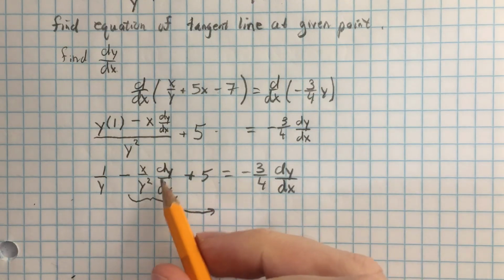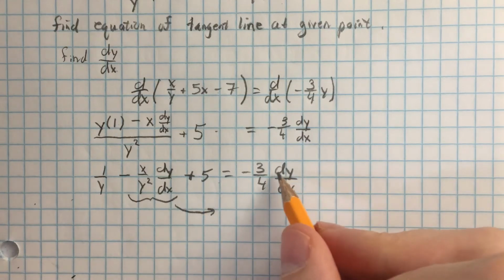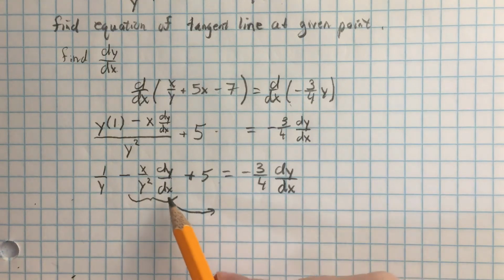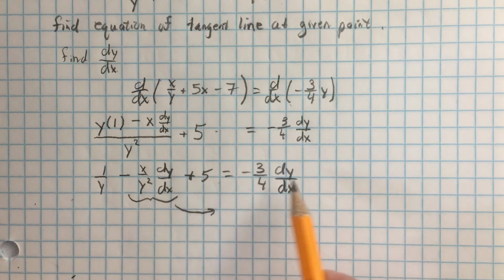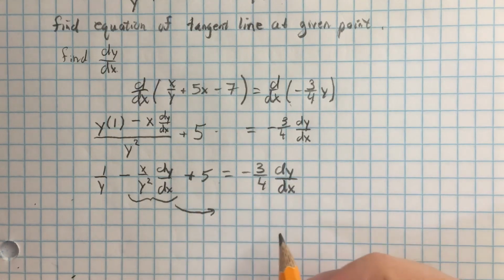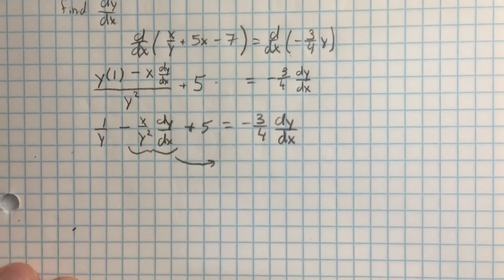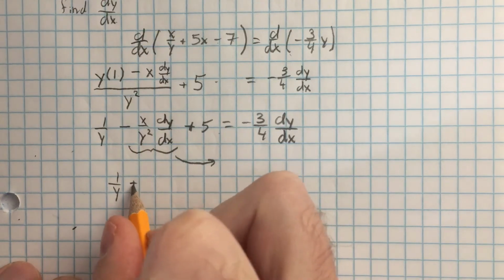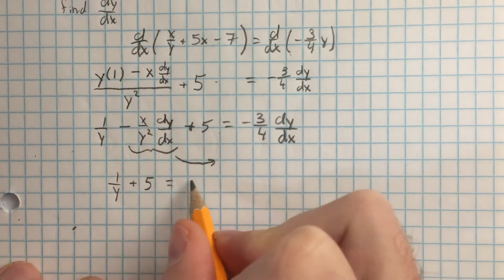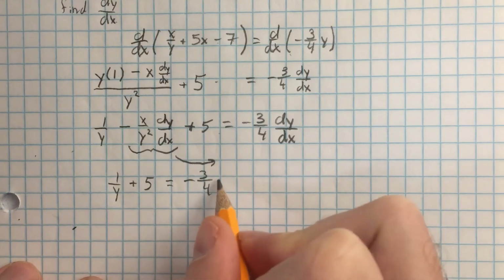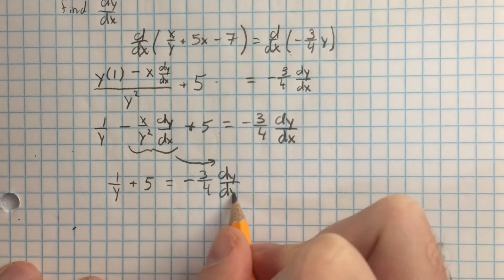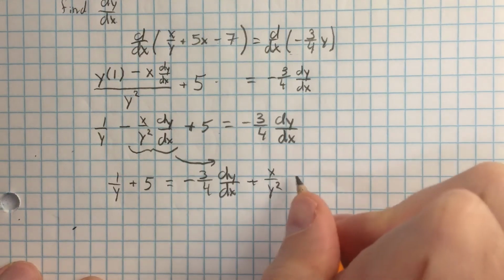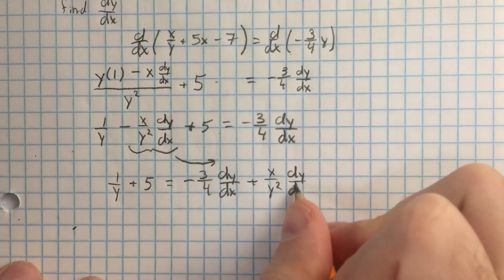That way I only have to do one move here. It really doesn't matter if you take this one over here and move the 1 over y and the plus 5 over here. It doesn't matter how you play it, as long as you get all the derivative terms together on one side and everything else on the other side. So we should have 1 over y plus 5 equals negative 3/4 dy/dx plus x over y squared dy/dx.